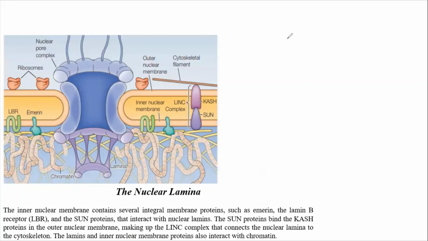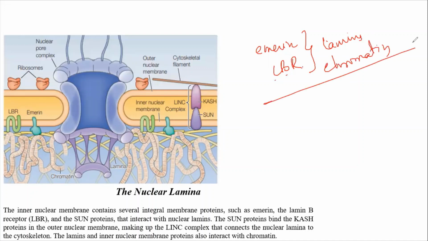I'll just repeat once again. You have the proteins called emerin and LBR. LBR is the lamin B receptor. These two together bind your lamins, and lamins are again in connection with your chromatin. That is one connection. What is the second? You have the LINC complex.